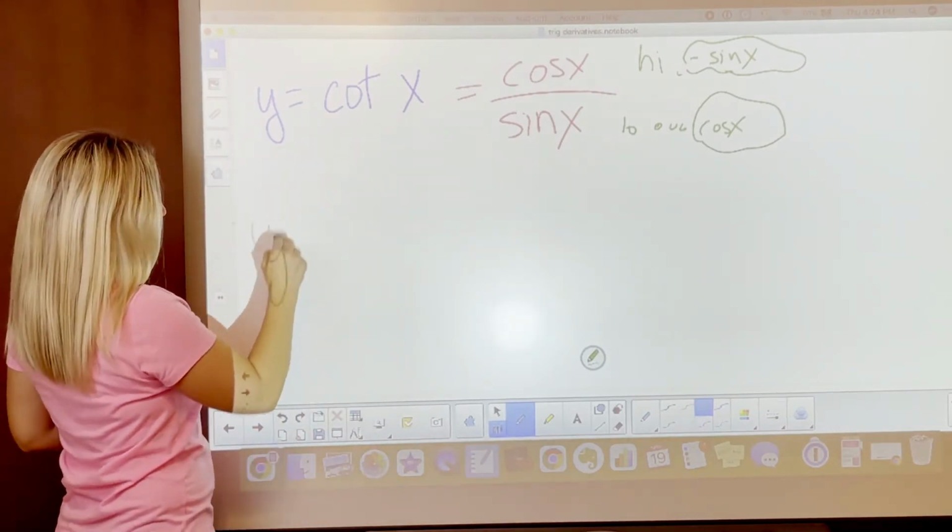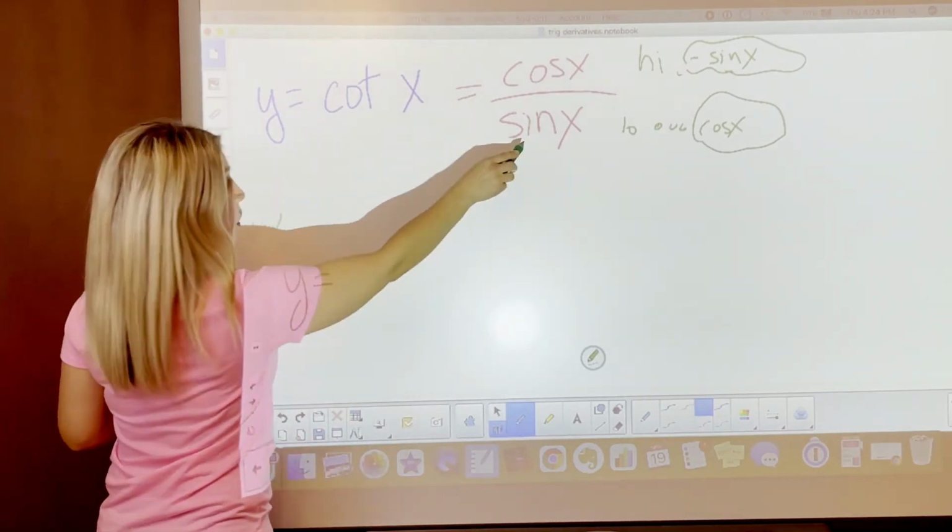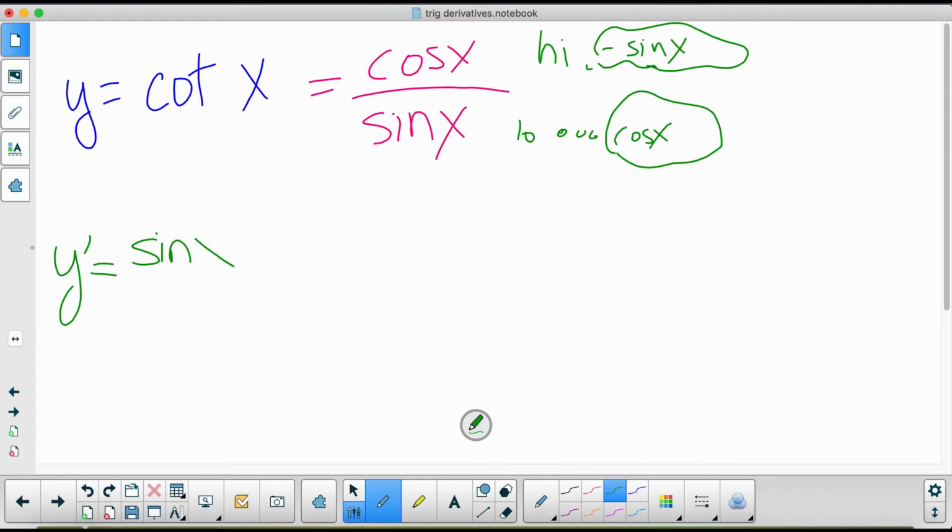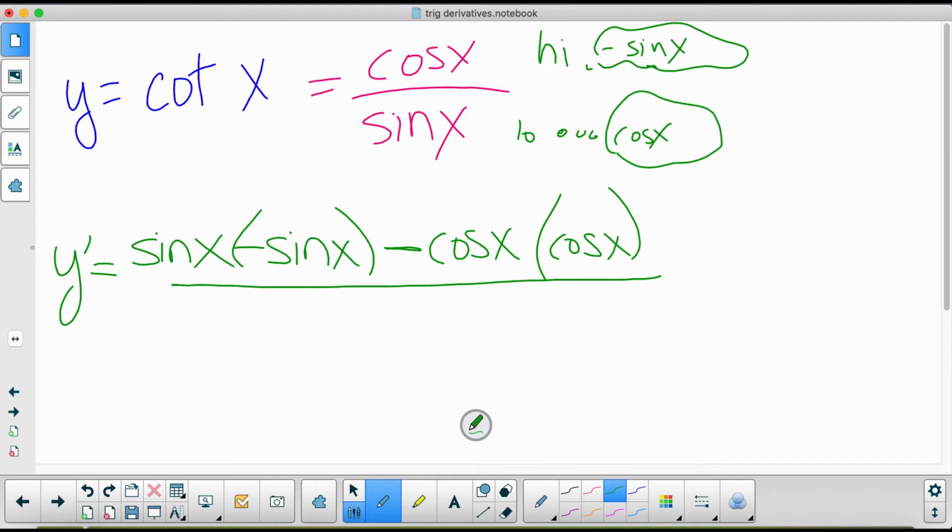So y prime equals low, sine x, times the derivative of my high piece, negative sine x, minus high, cosine x, times the derivative of my low, cosine x, all over low low. So sine squared x.